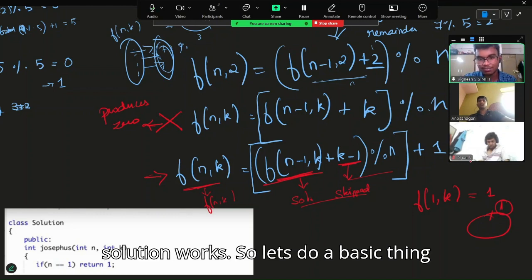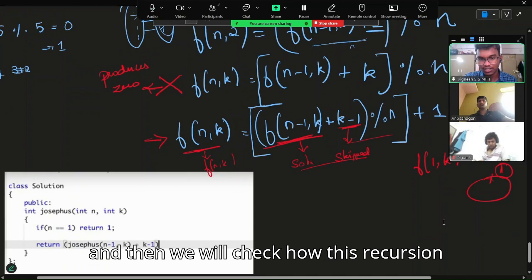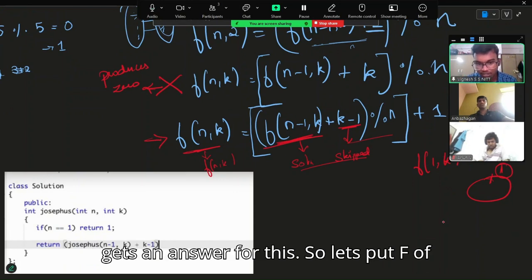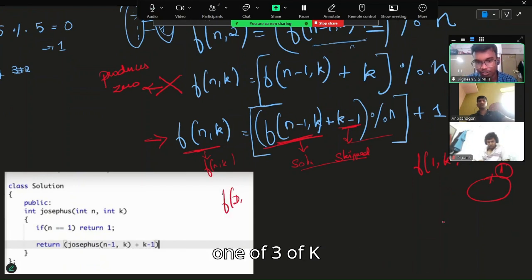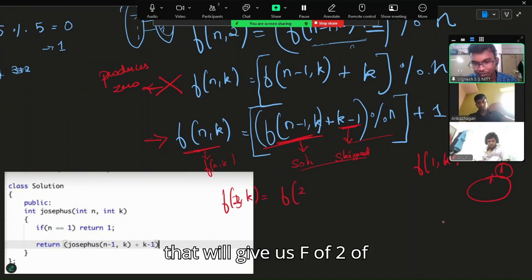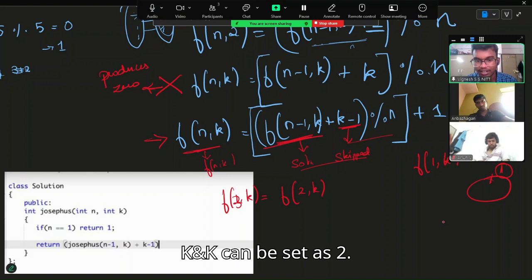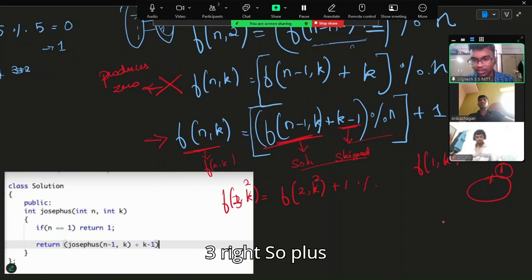So let's do a basic example, and then we'll check how this recursion gets the answer. Let's put f of 3 k, which will give us f of 2 k, and k can be set as 2. So 2 comma 2 plus k minus 1, which is 2 minus 1, 1, modulo n where n is 3, and then plus 1.